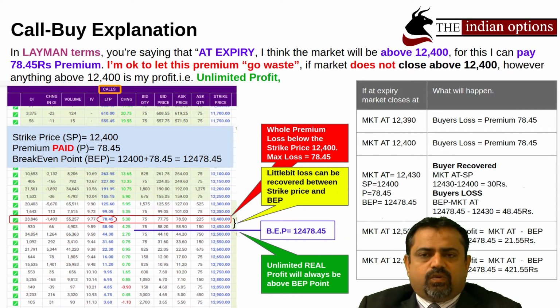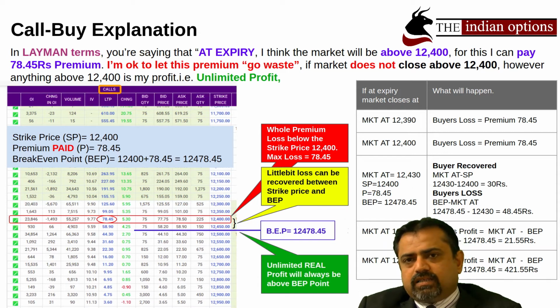In that situation, anything below the break-even point is always a loss for you, and below 12,400 is the hard loss.